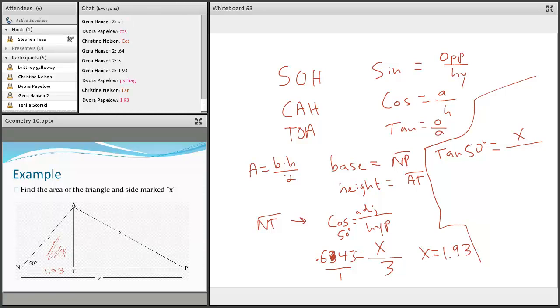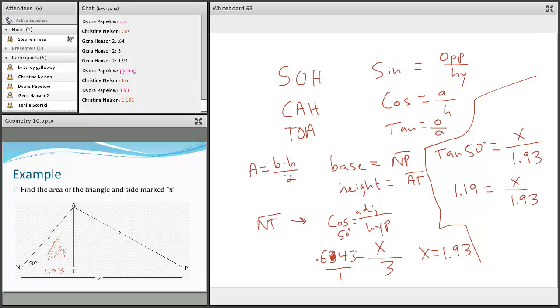Very good. What's the tangent of 50? I've got approximately 1.19 equals x over 1.93.